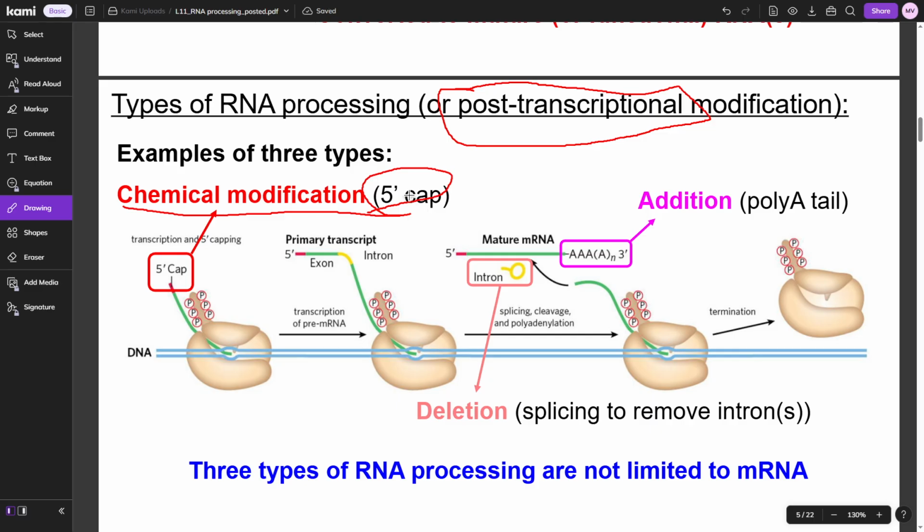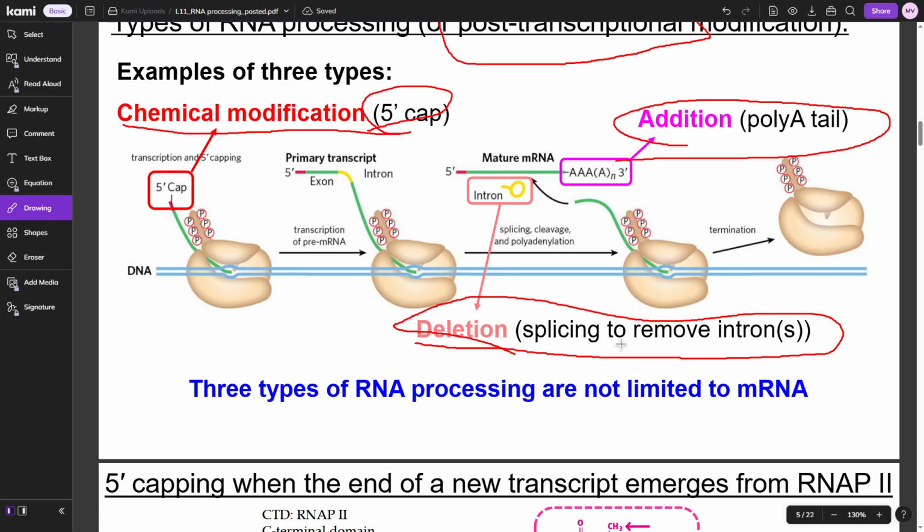They're adding a guanosine cap to the RNA. It helps with stability. There's splicing / deletions, and then there's additions of poly-A tails and stuff like that. And then these types of processing, they're not limited to mRNA. They also happen in other types of RNA, but we usually associate things like the 5' cap and the poly-A tail with things like mRNA.